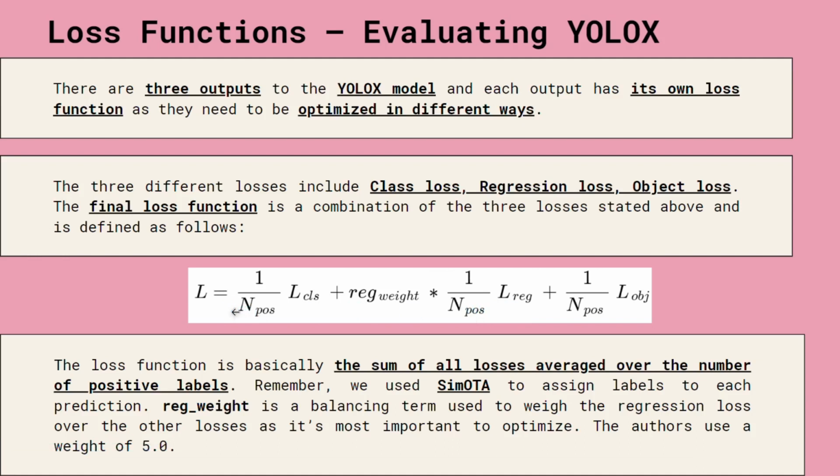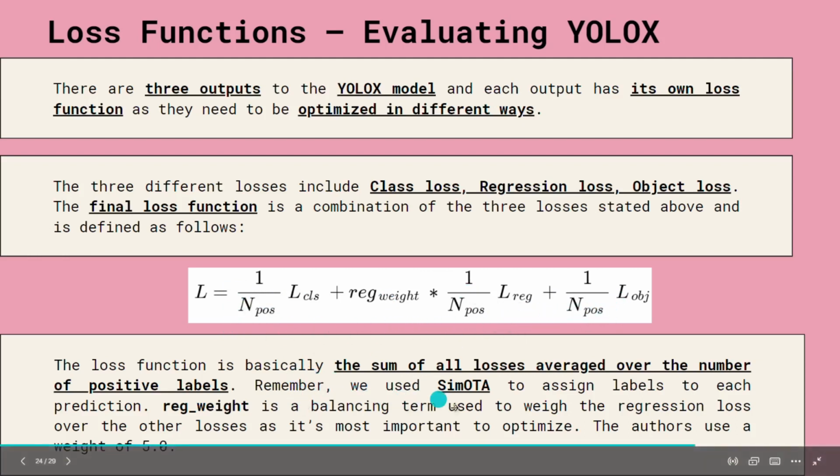And in order to address that problem, they have selected only the positive cases and ignored the negative predictions so that they don't overwhelm our system. And since we have a count of the number of positive labels, we're going to average each of the losses by the number of positive labels.